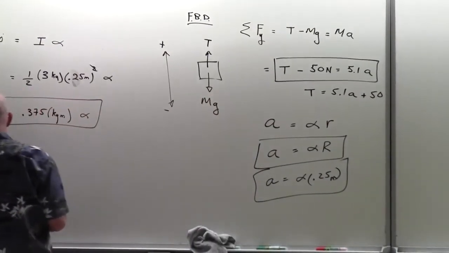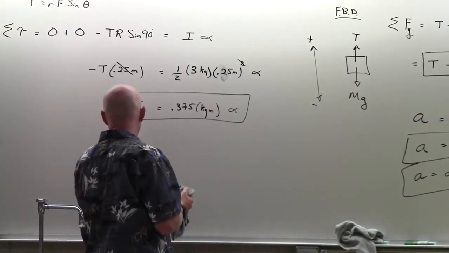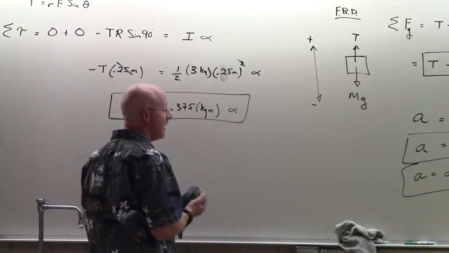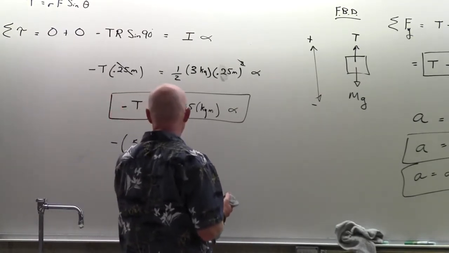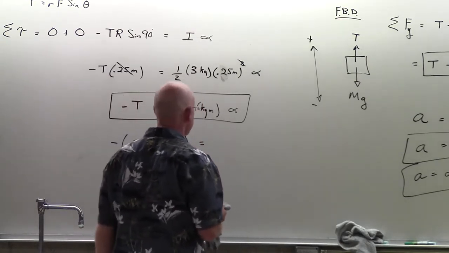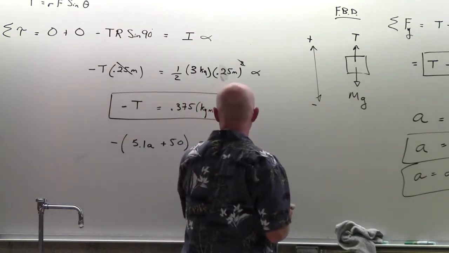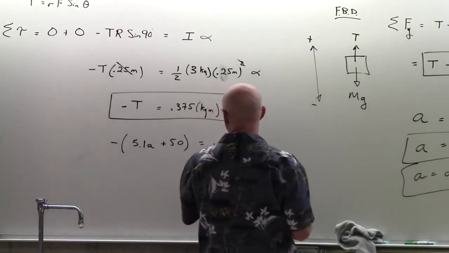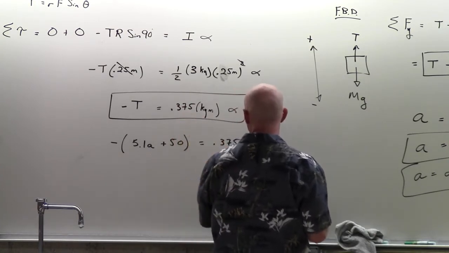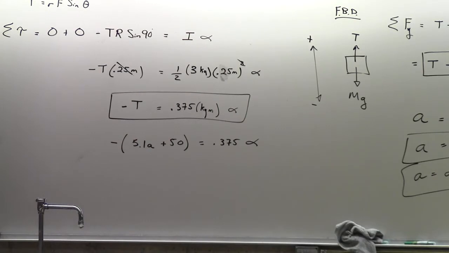And so this tension is 5.1A plus 50, and that would have to equal 0.375. I think I'll drop my units here and then put my alpha there.